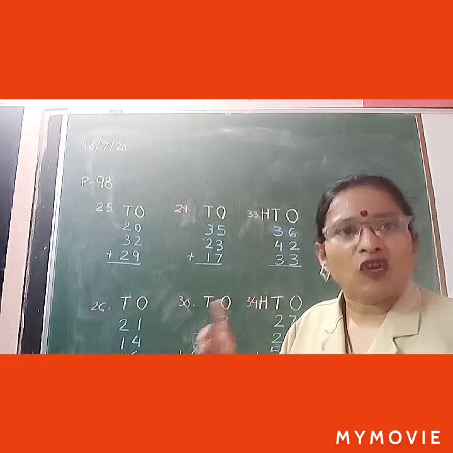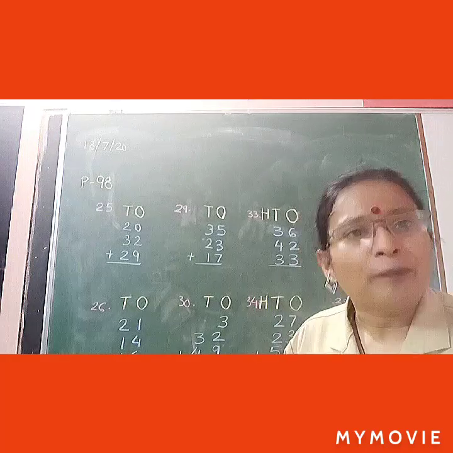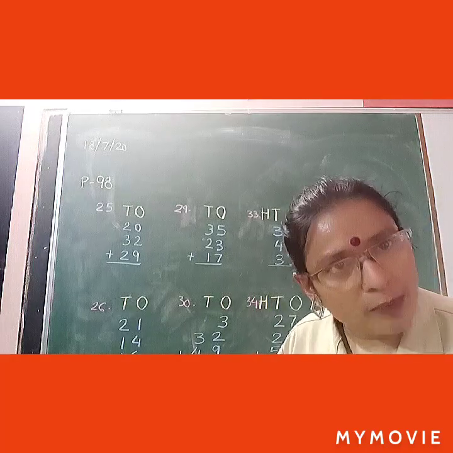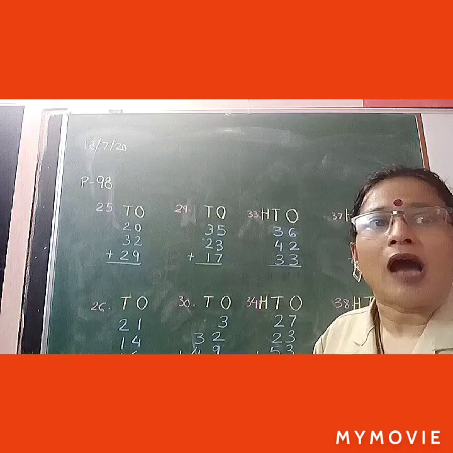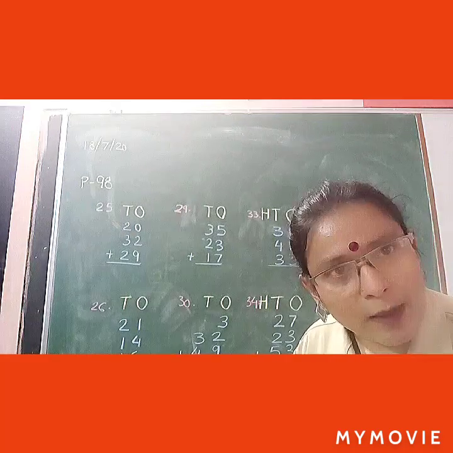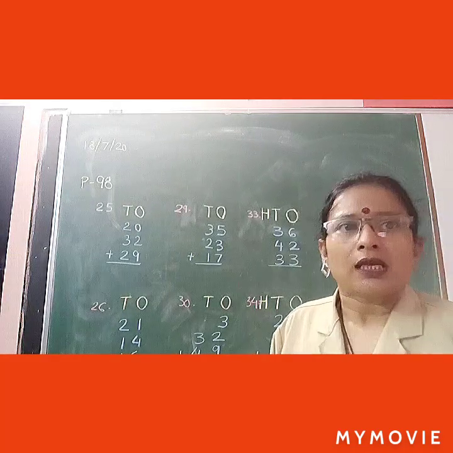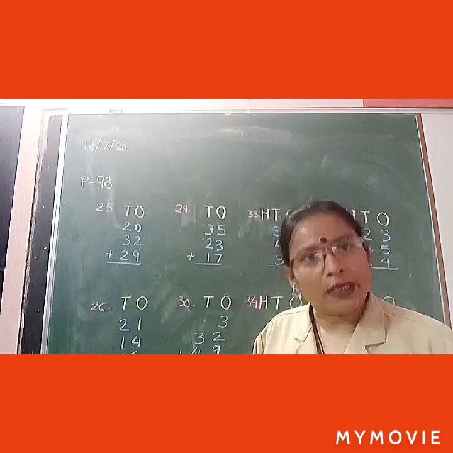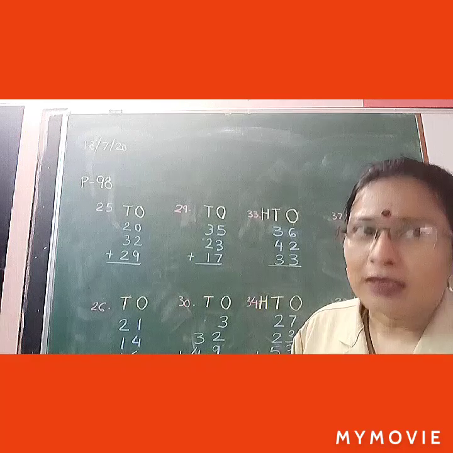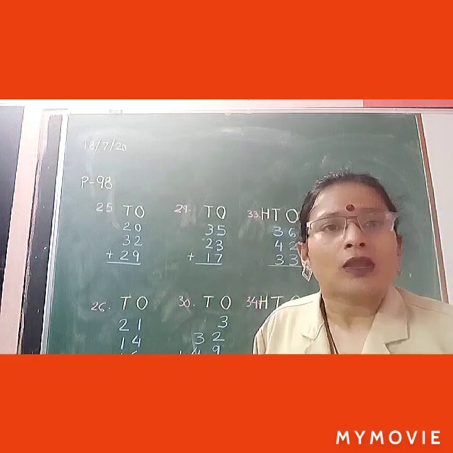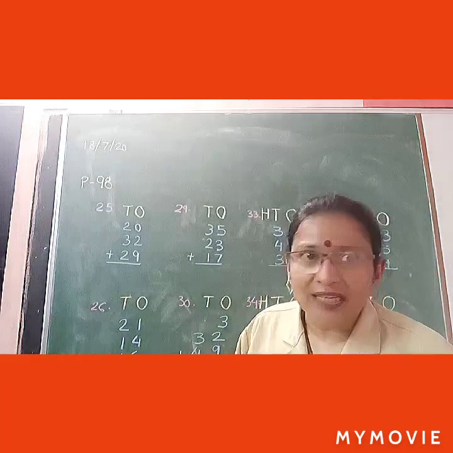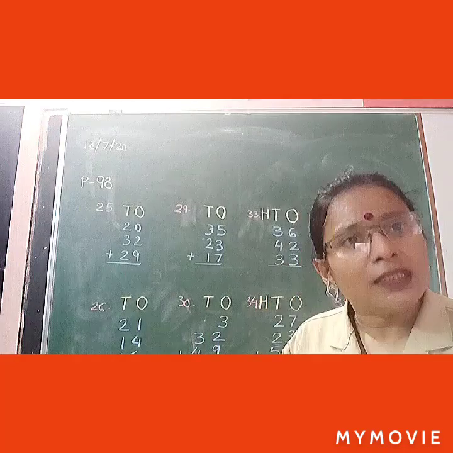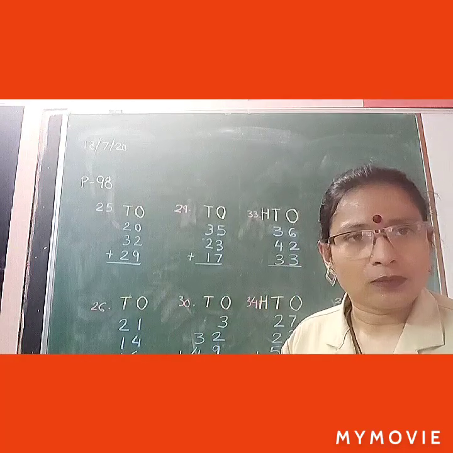That is, we will add the digits which are given in ones place, and then if it is 2-digit number, we will shift the digit which is in tens place to tens column and add that digit with the other tens numbers.